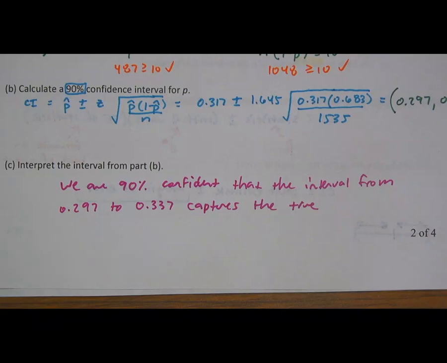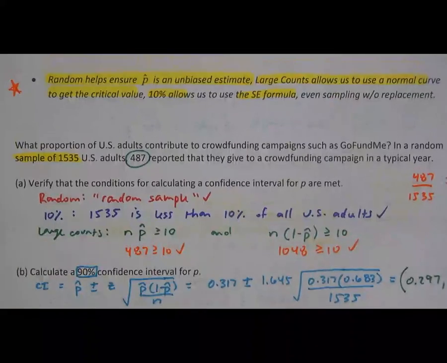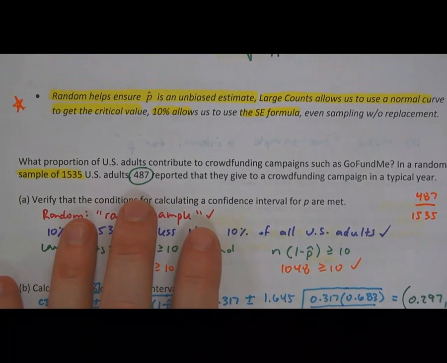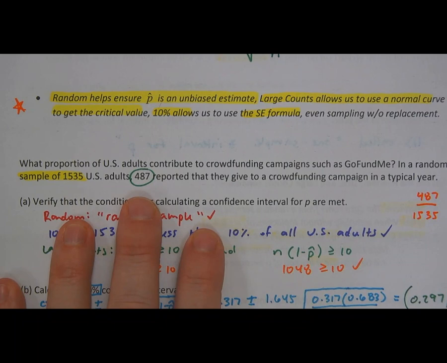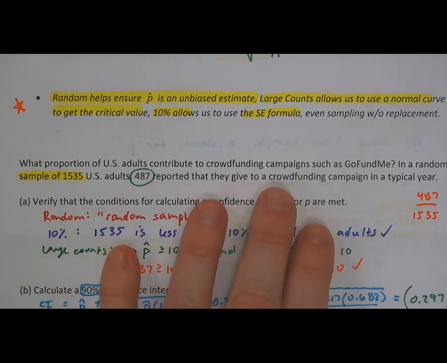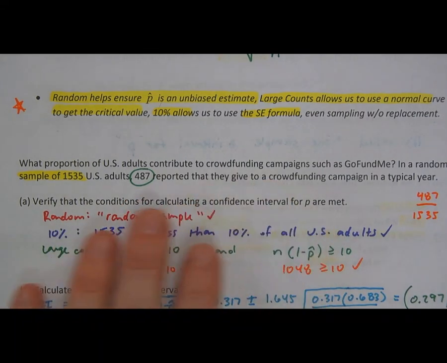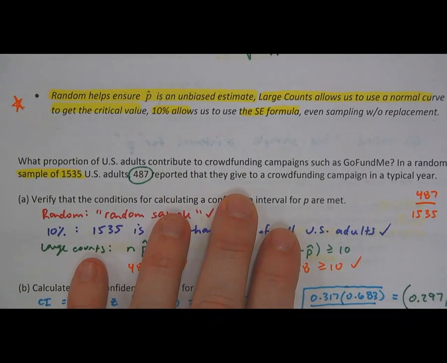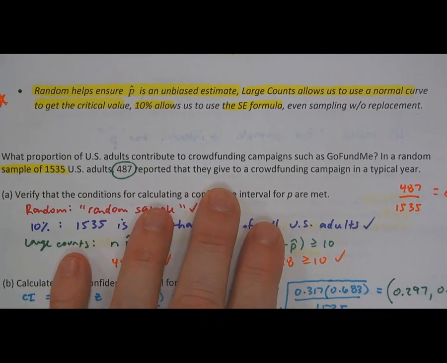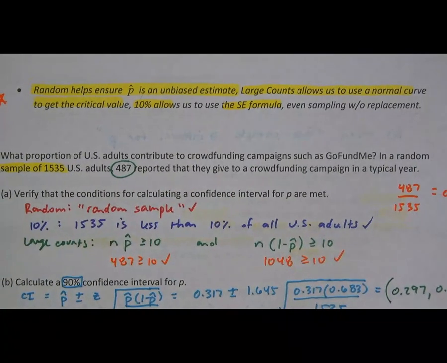what was this problem about? What was the parameter? What was I gathering about the population? And if I glance back up here, it's the proportion of U.S. adults who would give to a crowdfunding campaign. Now listen really closely. It's not the proportion of adults who said that they did give to a crowdfunding campaign. And those are the tedious little things that AP graders will mark off for.